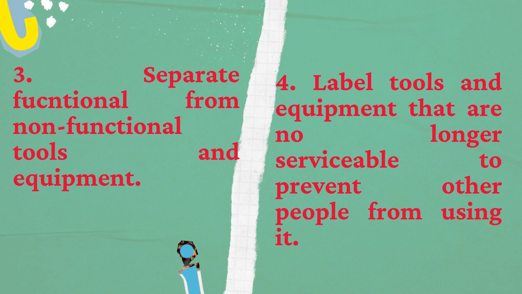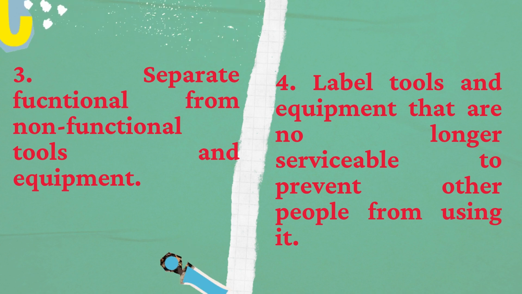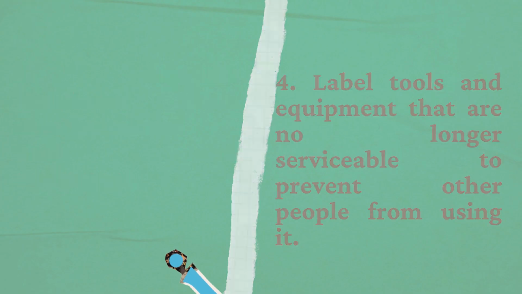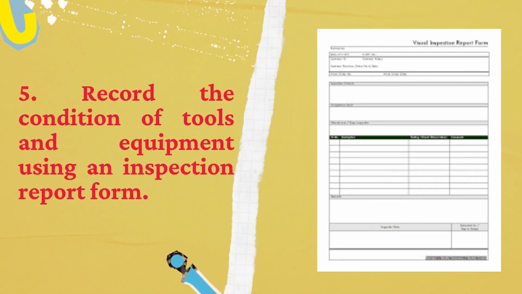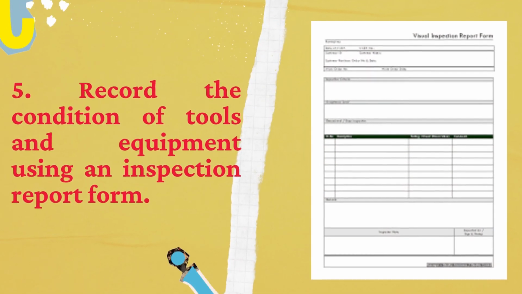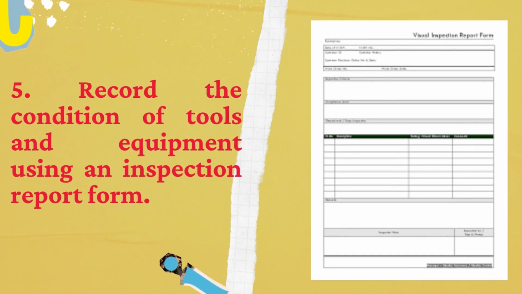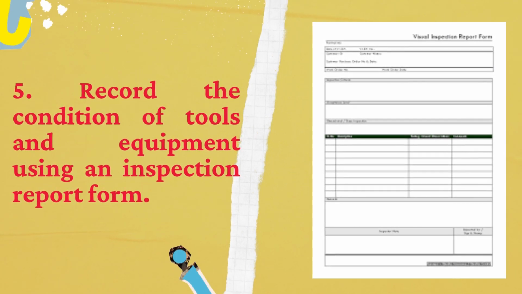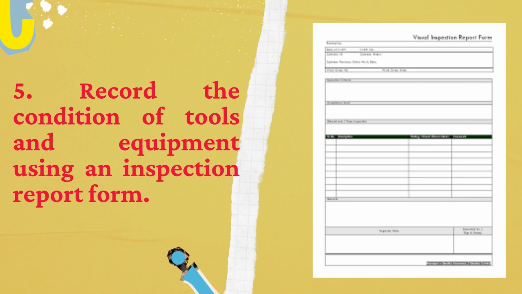Label tools and equipment that are no longer serviceable to prevent other people from using it. Record the condition of tools and equipment using an inspection report form.